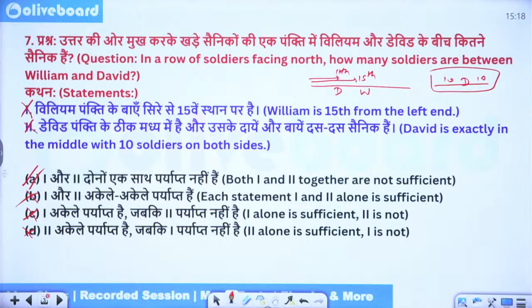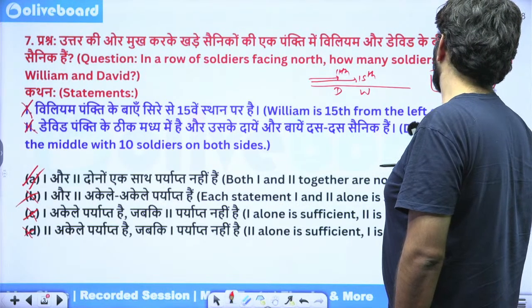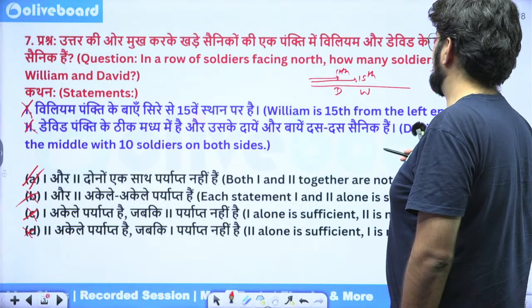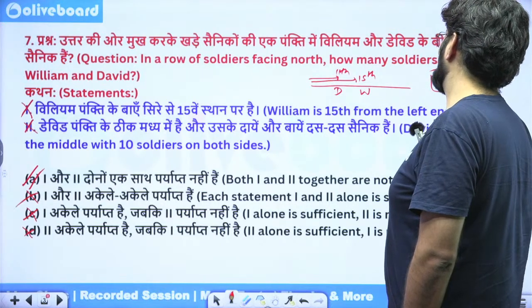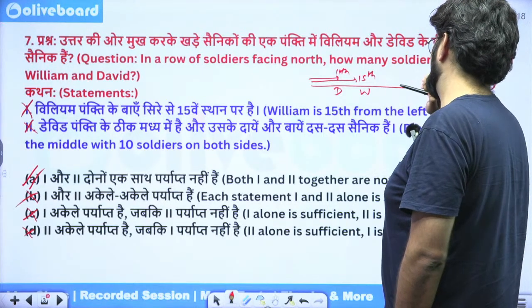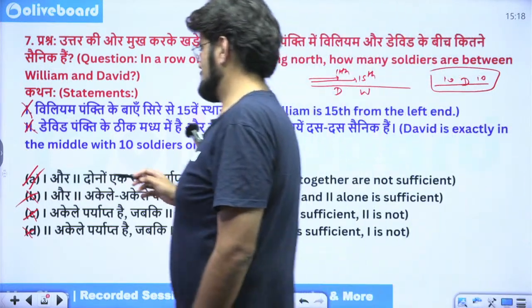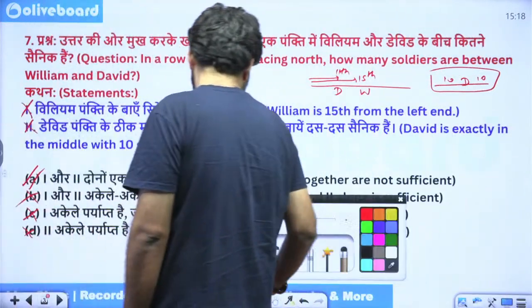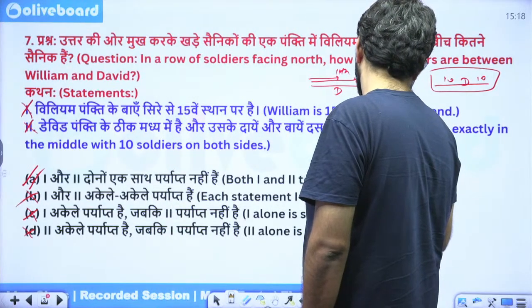Oh yeah, there is a mismatch, no? No, I think it's right. 22 minus 15 is 7. So he's 7th and he's 11th. This is perfectly fine. Yes. So this should not be here. This should be: both together are sufficient.